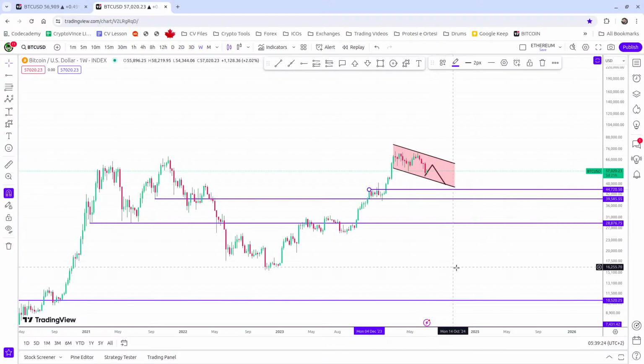As I said, from like 60k, 66k, that's where I started to be bearish. I'm bullish long term on Bitcoin. To break this uptrend, we really need to go lower.